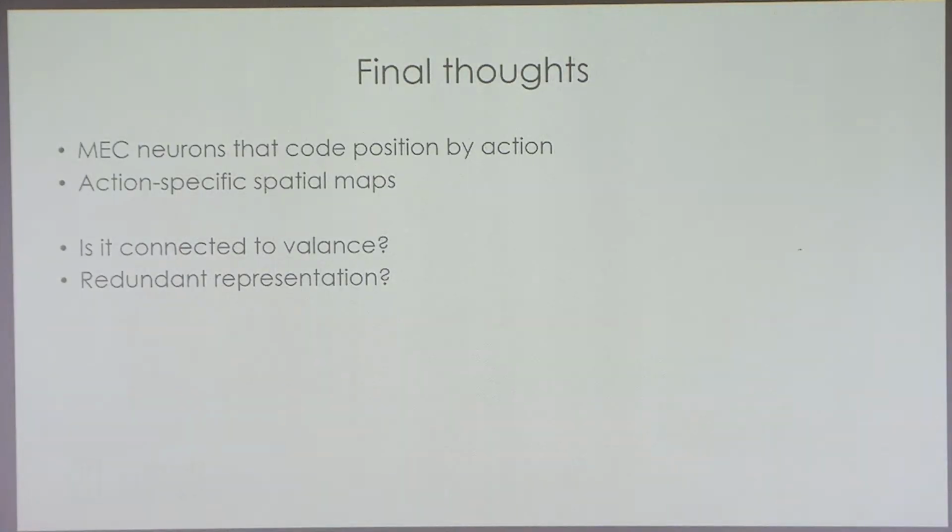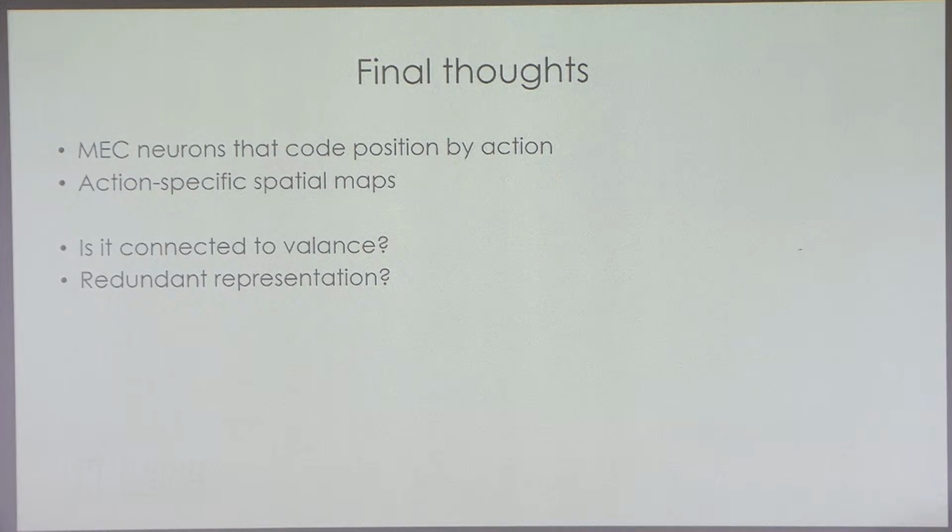So what I showed you is entorhinal cortex neurons that code for position by action, in a way giving us action-specific spatial maps, which is not how we thought the brain codes for space until now. And you could ask two questions. First of all, is it connected to valence?